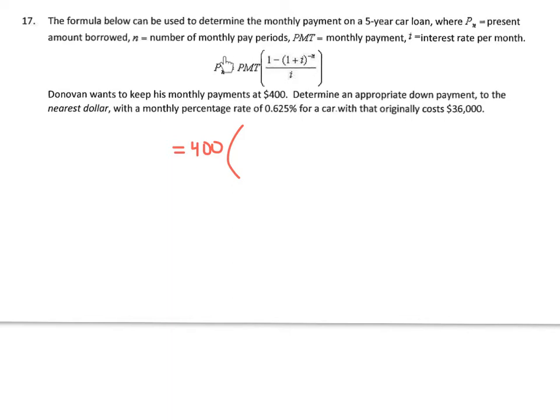Okay, now if you notice here within the formula, there's nothing that represents down payment, because in order to find the down payment, what we do is we take the amount, the P sub n, the amount that you borrow, and you subtract that from the price of the car, and that's what gives you the down payment. Okay? So the price of the car minus the amount you want to borrow is equal to the down payment.